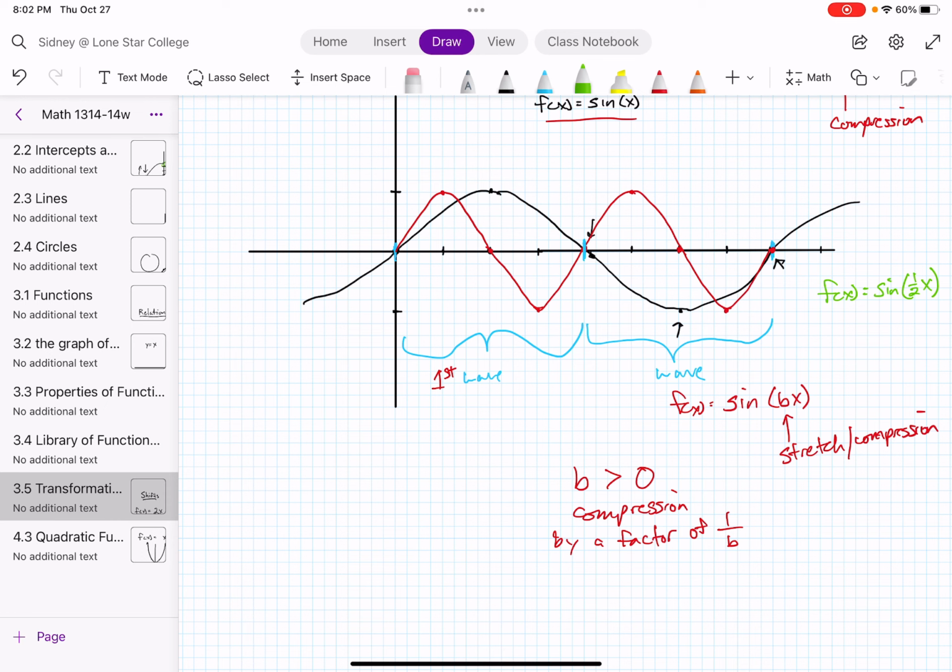So here's the deal. If 2x means I fit 2 wavelengths in the original space of 1 wavelength, sine of 1/2 x simply means this. I can only fit half a wave in the original space, which means I only get this first half, this first hill.